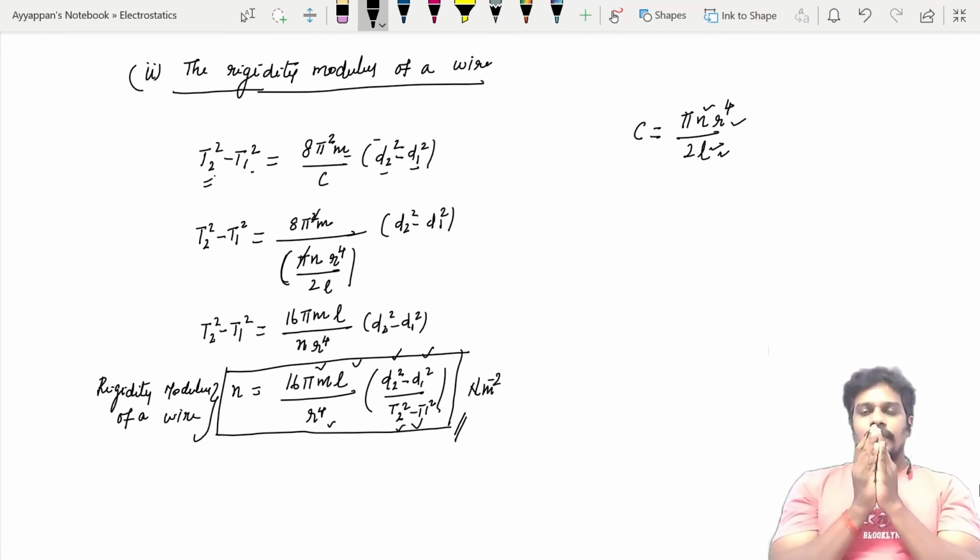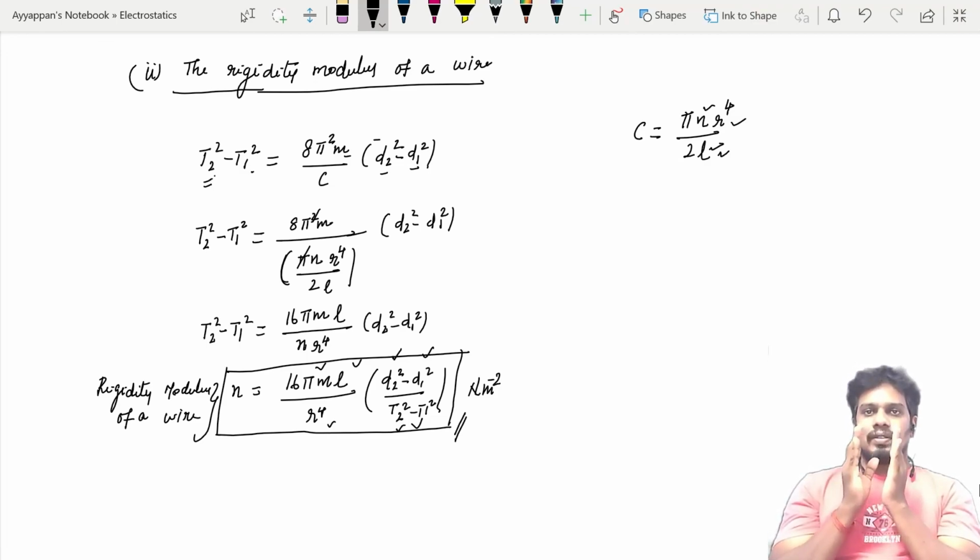So here in the torsional pendulum case, at first we worked out theoretically how we can calculate the time period of oscillation using the standard differential equation. Then we worked out theoretically how we can measure the rigidity modulus of the wire.